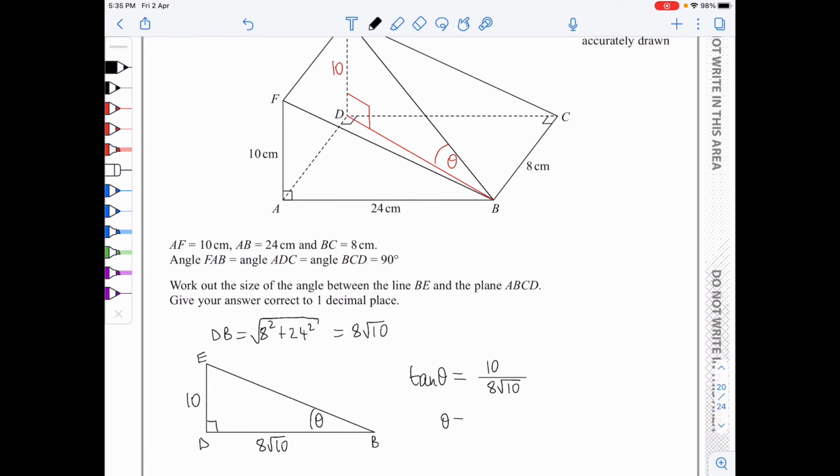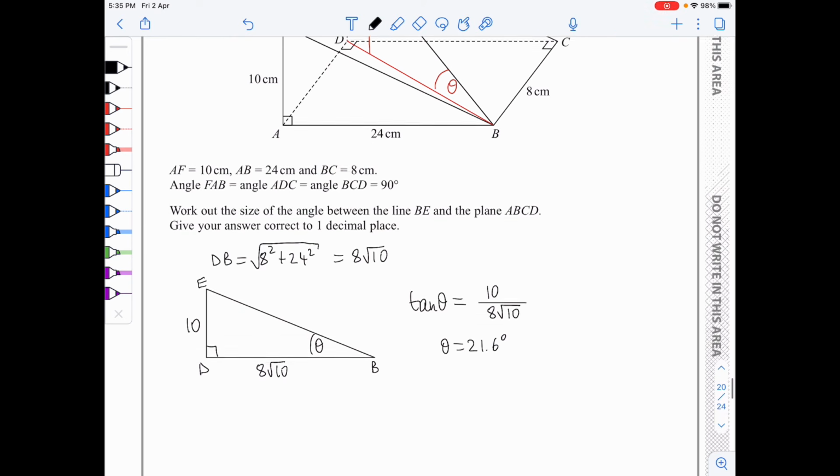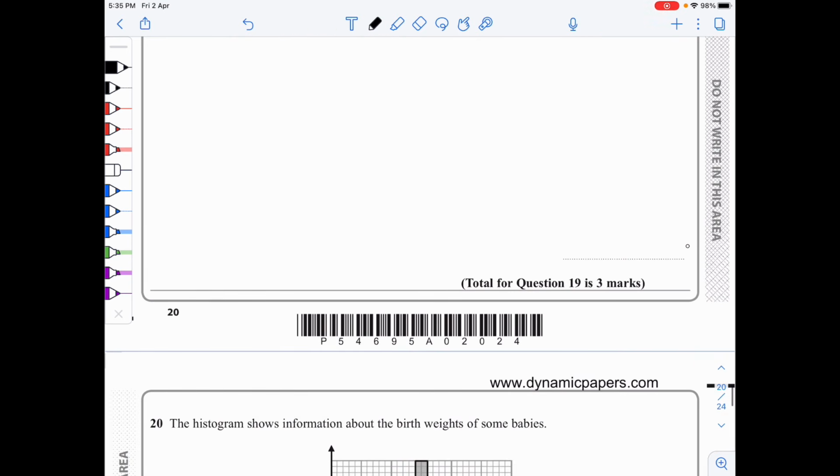So if I just do shift tan of that, we should be getting an answer of 21.6 degrees, which is the angle we were after. 21.6 degrees is the angle to one decimal place.